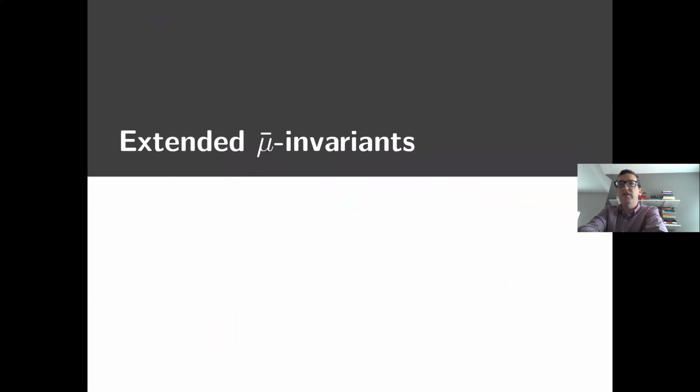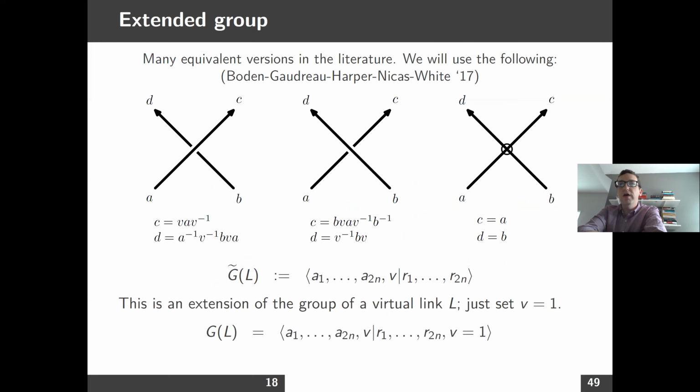So how are these actually defined? Let's talk about the extended mu bar invariants. The extended group is an extension of the group of a virtual knot. There are many equivalent versions. The first version that I'm aware of is due to Manturov, but Silver and Williams also have a version of this, and Bardakov and Bellingeri have a version.